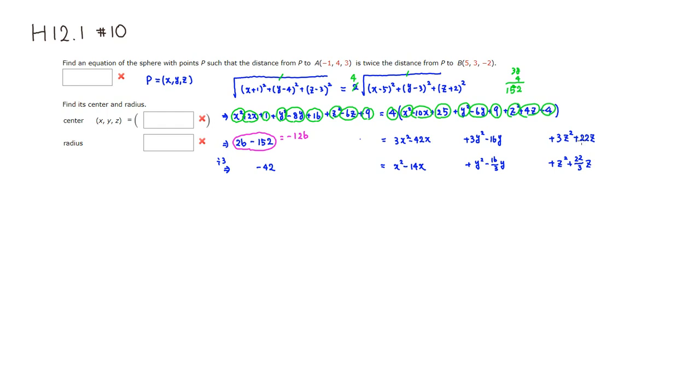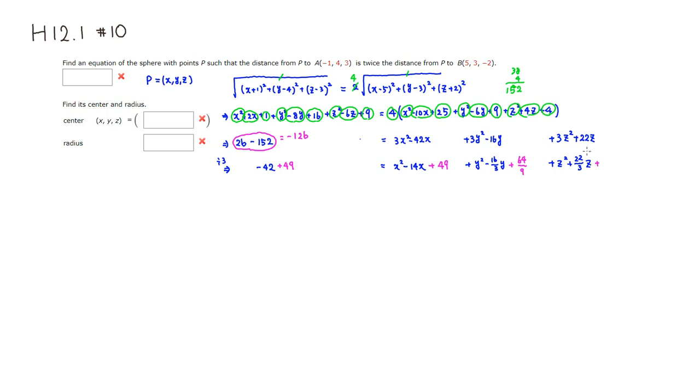Then we need to complete the square here. Half of this number is negative 7, square that, so it's 49. So I'm going to have to add 49 there. And here, half of that is negative 8 over 3, and if you square that, 8 squared is 64 and 3 squared is 9.